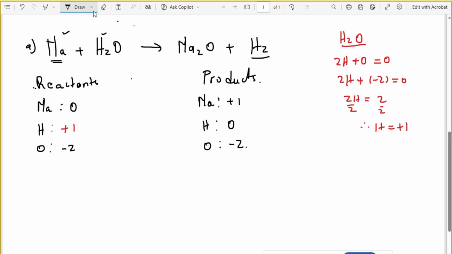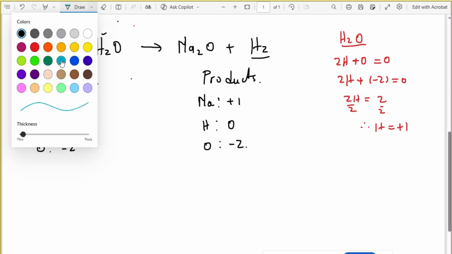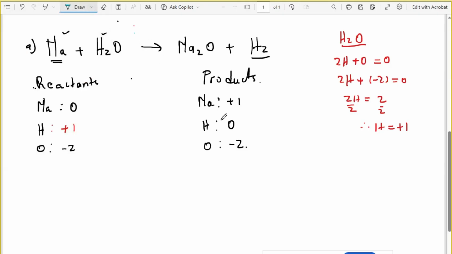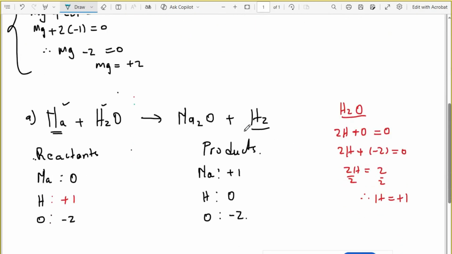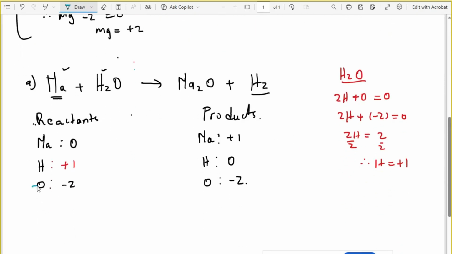You understand? So now, looking at this information, the question said, use oxidation number to determine which one is the oxidizing agent and which one is the reducing agent. Oxygen was minus 2, then the product is also minus 2. So nothing changed on that one.